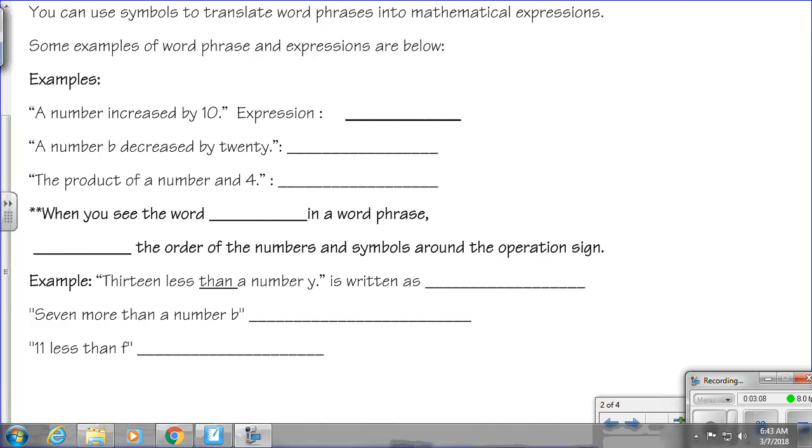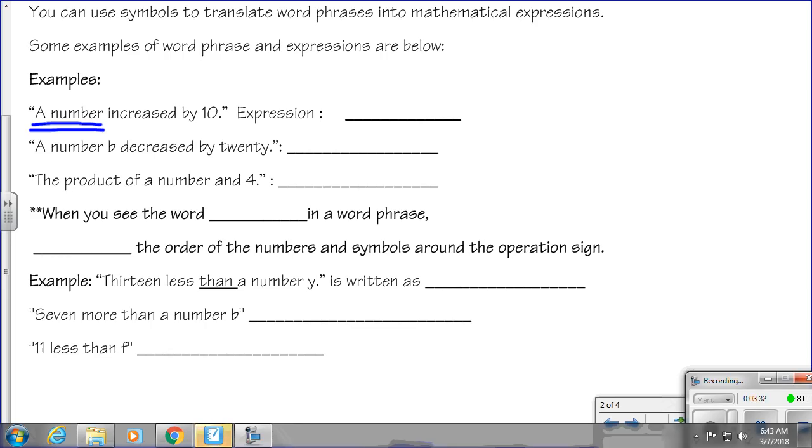Okay, so we are going to underline and replace our words with numbers, letters, or variables and symbols. So a number, if they don't tell you what the variable is, you are going to make up your own variable. Whenever you read the words a number, that represents a variable.